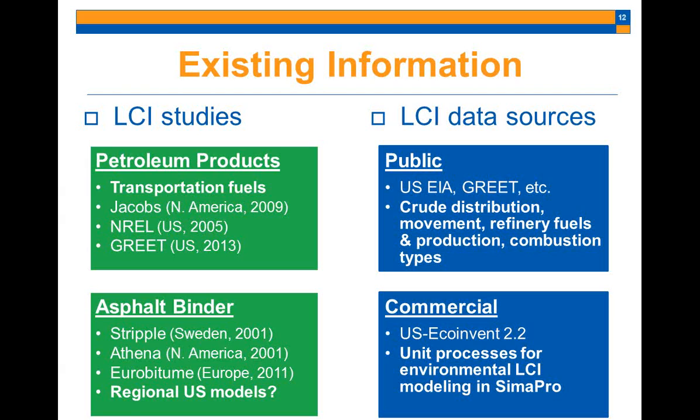They have a lot of open source data about that that's published pretty regularly. We are also looking at commercial databases such as US EcoInvent 2.2, and these contain unit processes that can be used to model the environmental impacts that we need in SimaPro and other commercial LCA software.